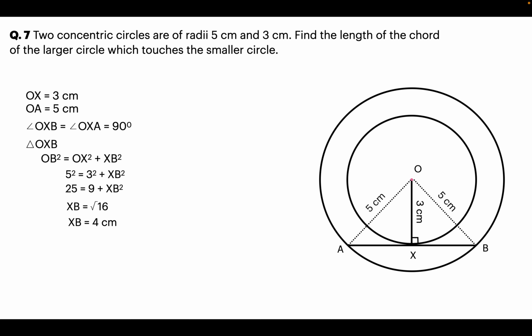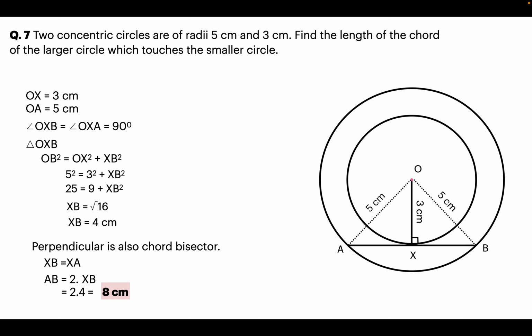That means it is going to bisect AB, and AB is AX and XB. So XB and XA are equal. That means AB is twice the length of either AX or XB, and since we know XB, AB is twice the length of XB. That means 2 times 4, as XB is 4, it's 8 centimeters.